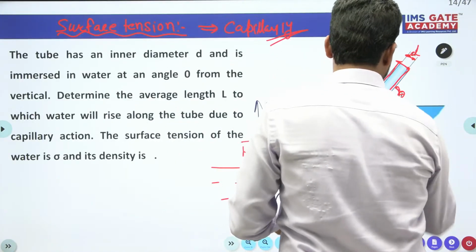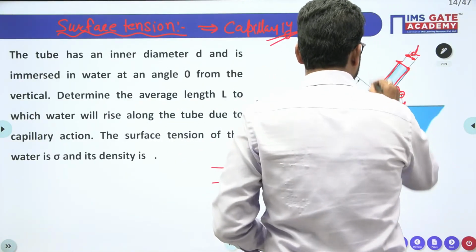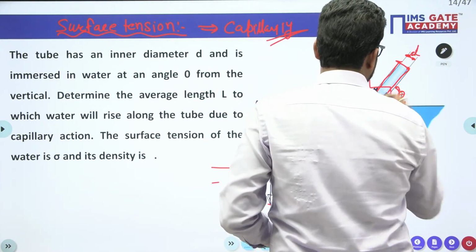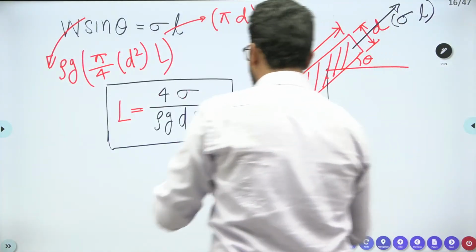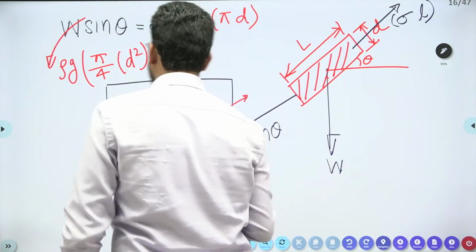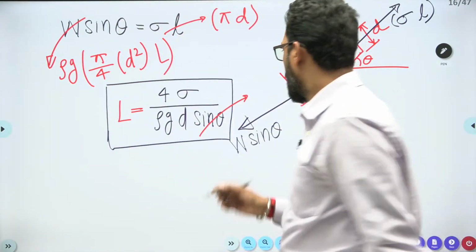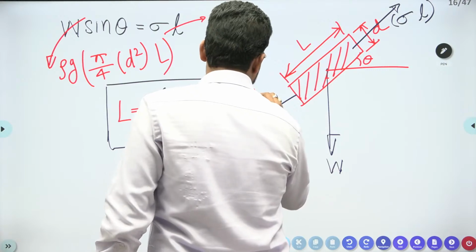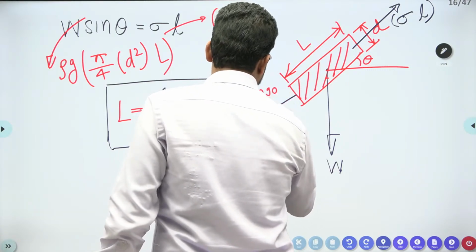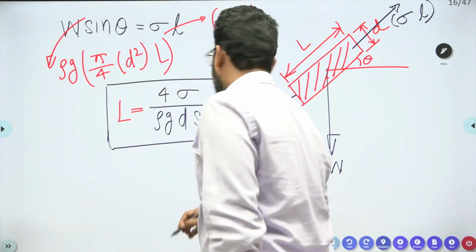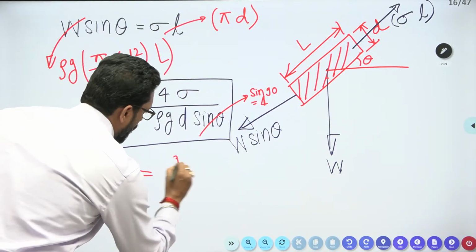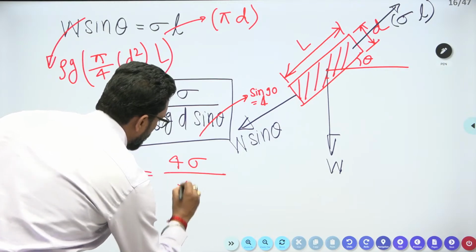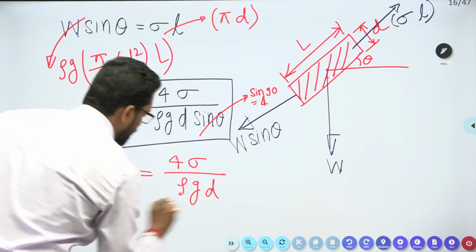If theta is 90 degrees, sine 90 degrees is equal to 1. So for the vertical case, the length is 4 sigma divided by rho g into d.